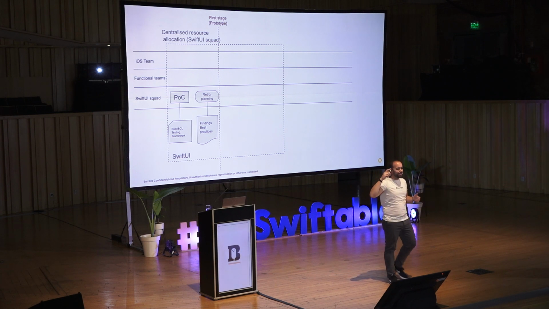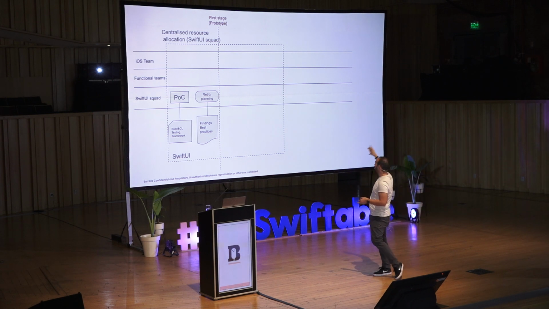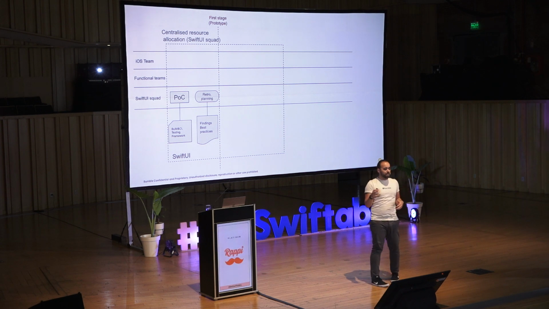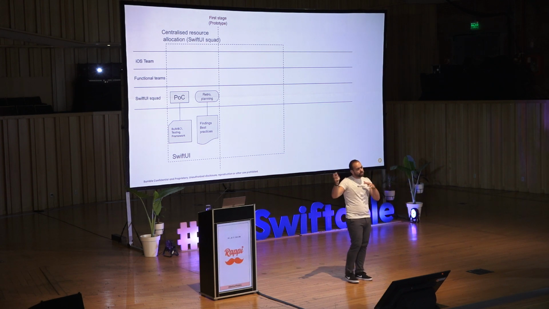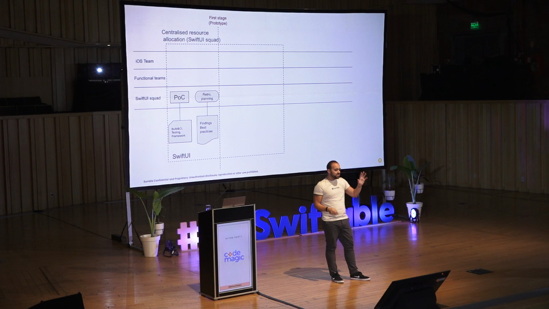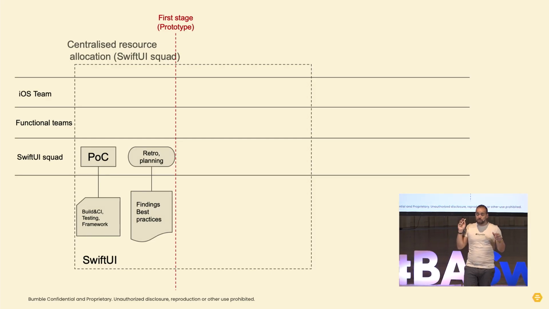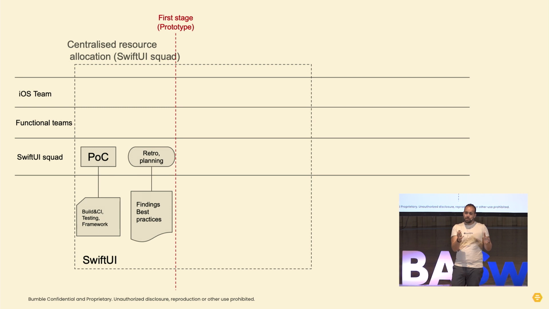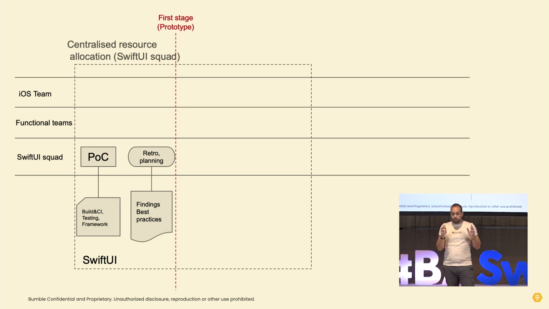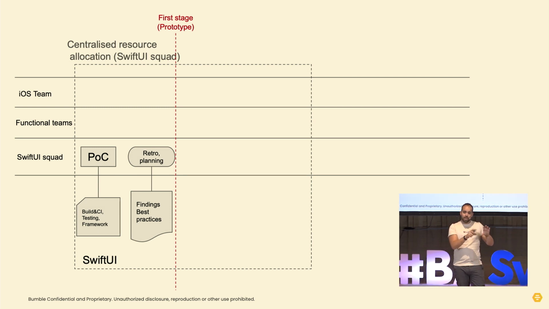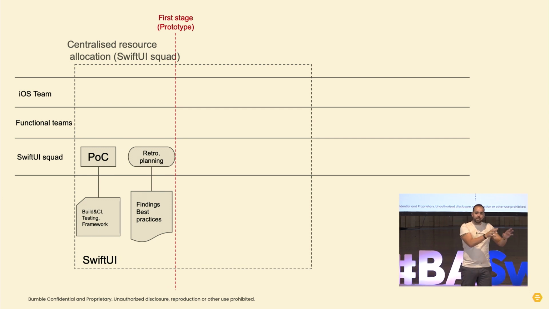I will tell you about it, and it will be growing a little bit, but we divided the plan in two different main stages. The first one is the prototype, and it sounds obvious, right? So we wanted to have a small prototype in our project, and for that we created a SwiftUI squad composed of 4 iOS developers that will be dedicated to that problem.